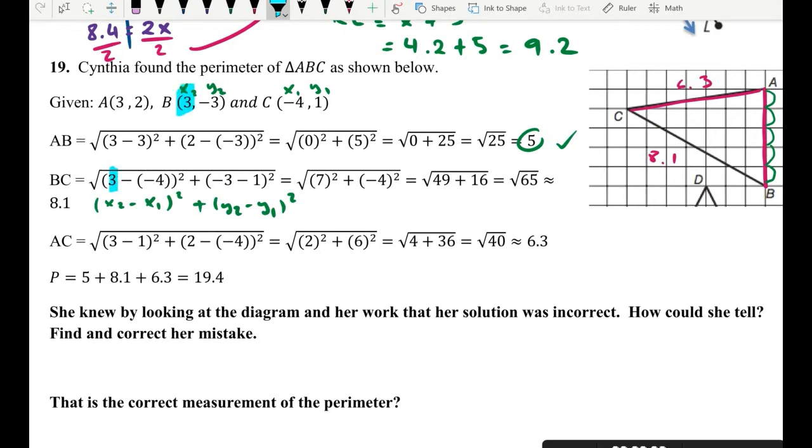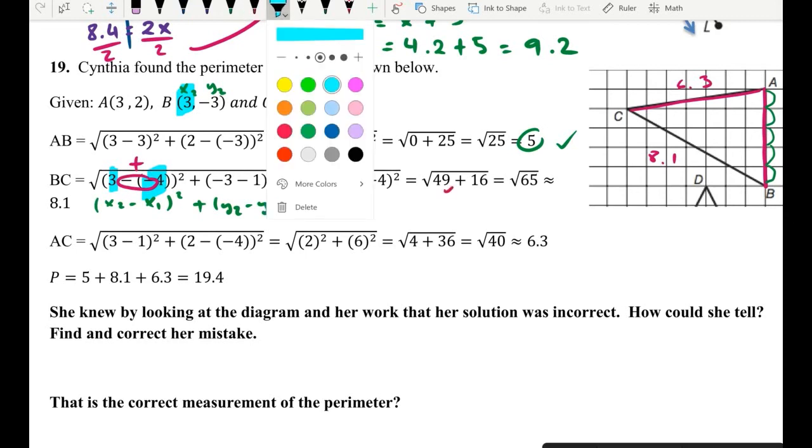Minus x1, which is negative 4, that's correct. Negative times negative is positive, so 3 plus 4 gives you 7 squared is 49, that's correct.